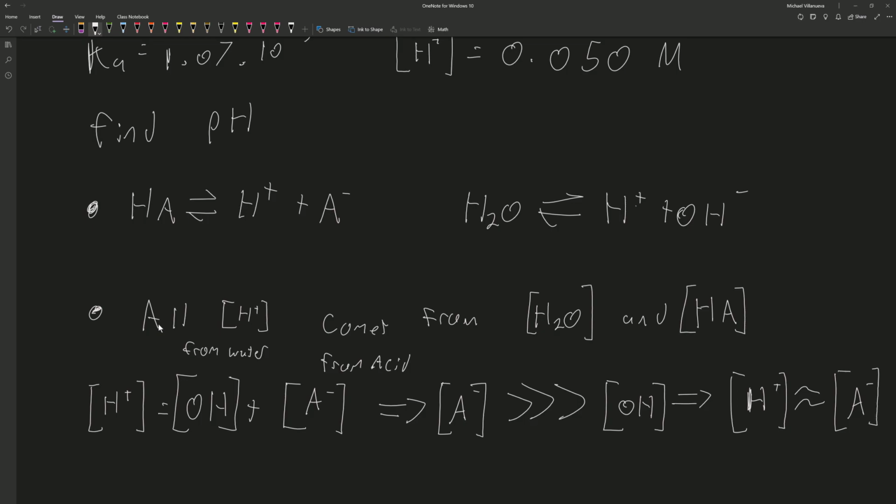So we're going to disregard water's autoionization, and there is a reason why. If we do not disregard the autoionization of water, what we get is an equation that has a third power in it. And as a result, we would have to solve for a third power equation, which is difficult.